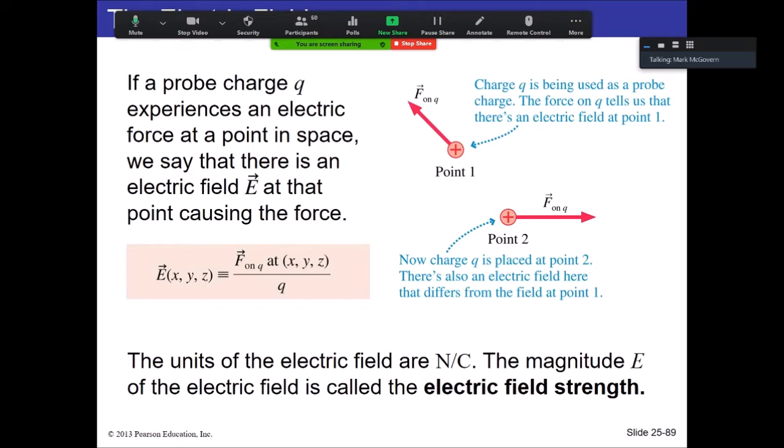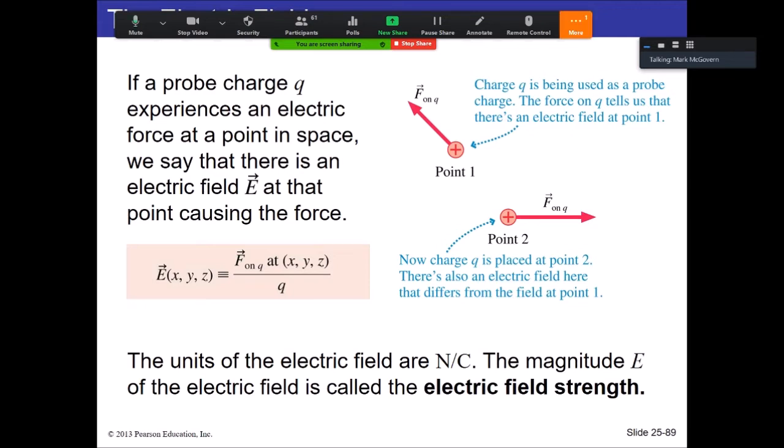If we have these two point charges, and we have a force that acts on them, and we divide that by q, where q is our test charge, so we can apply a charge.